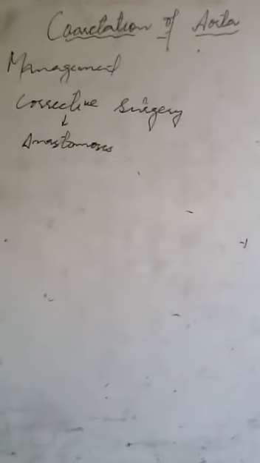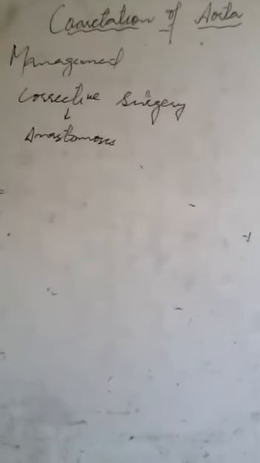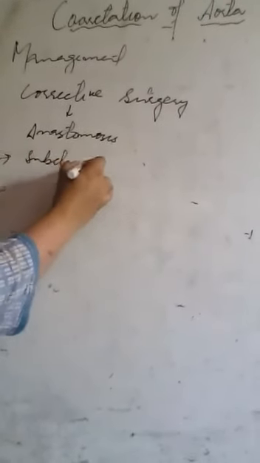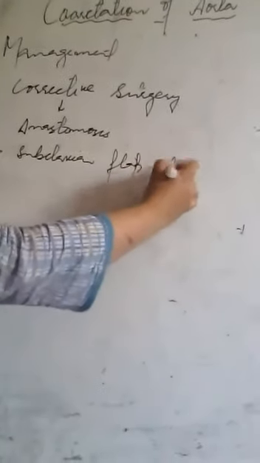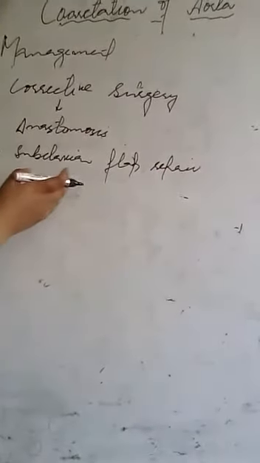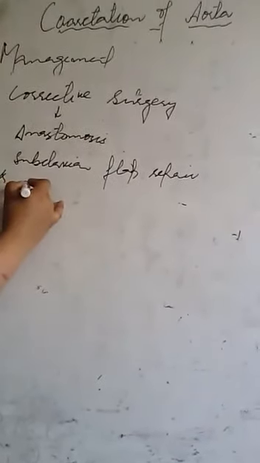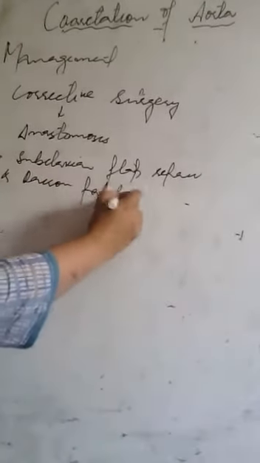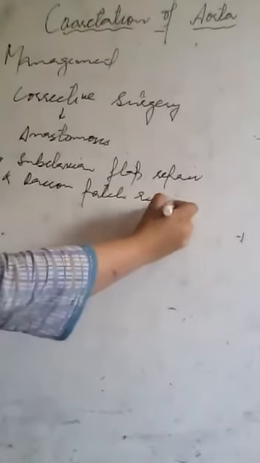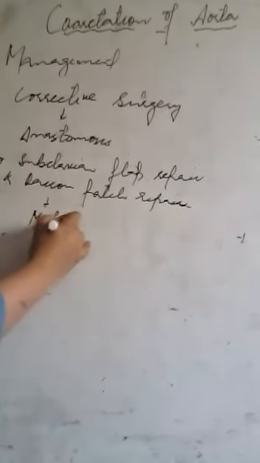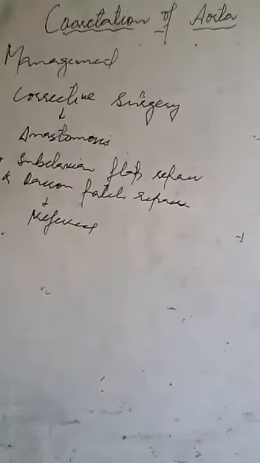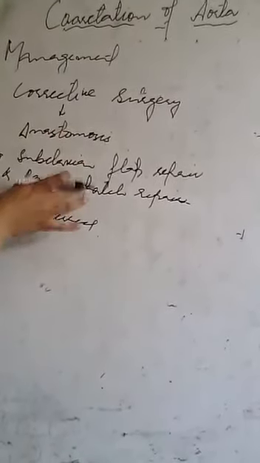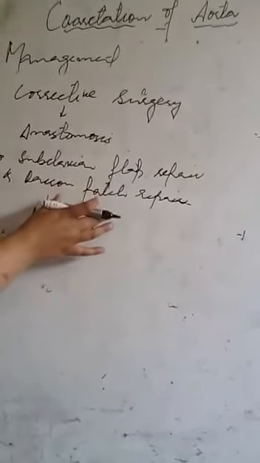The subclavian flap repair and Dacron patch repair are preferred. Corrective surgery performs resection of the constricted area plus end-to-end anastomosis, usually with subclavian flap repair and Dacron patch repair.